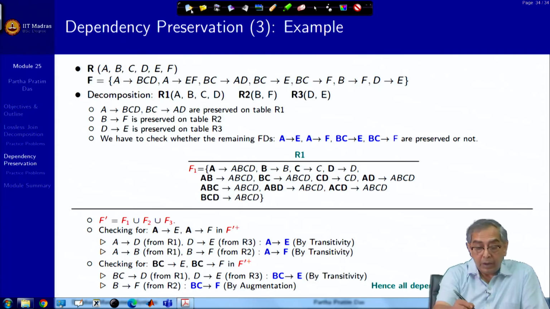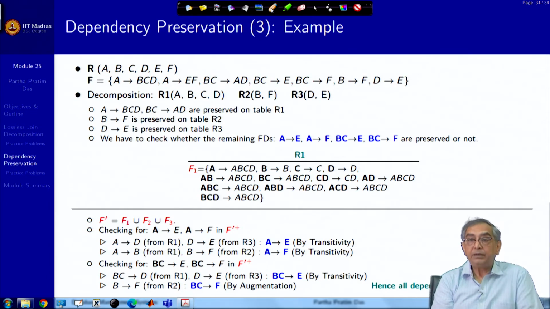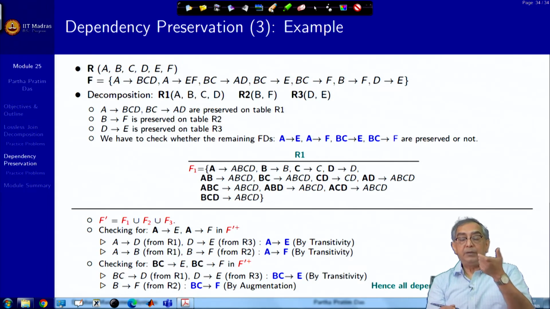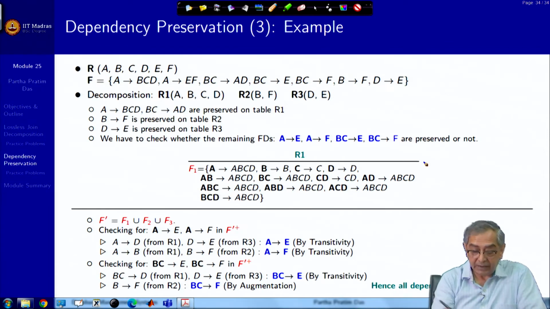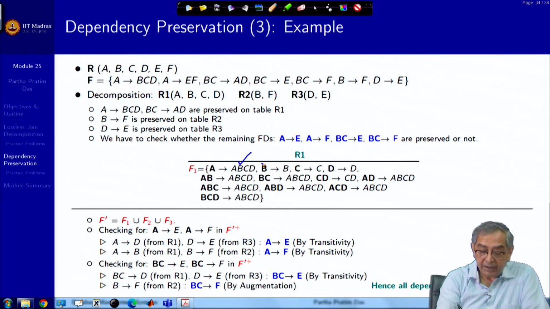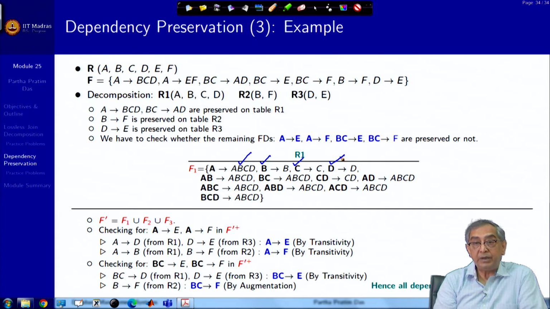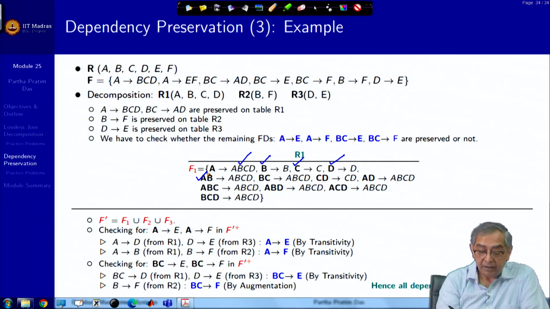Now, we compute F plus and take out the dependencies which contain only attributes of R1, that is ABCD, and that is this set. A determines ABCD, B determines B, C determines C, D determines D. You have done a closure, so you get all these kinds of trivial dependencies also. AB determines, BC determines ABCD, CD determines.